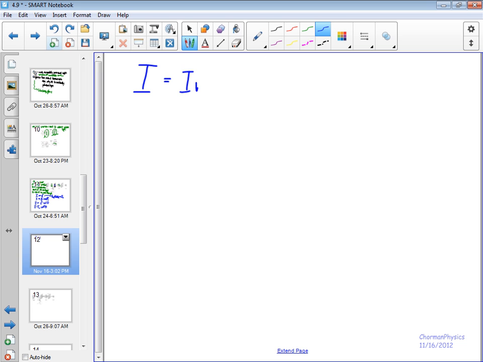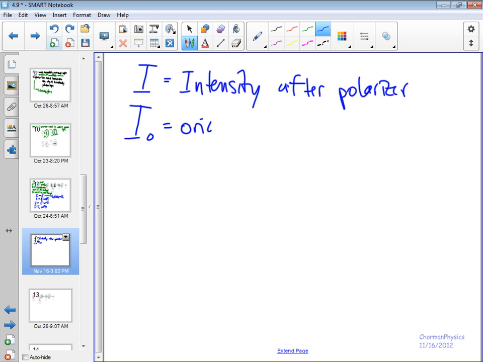So again, the different variables that we have in here: I is the intensity of the light that passes through, the intensity after the polarizer, and I naught is the original intensity.